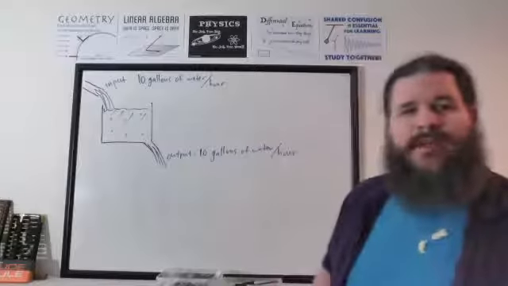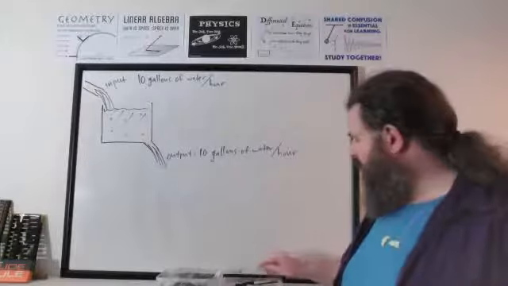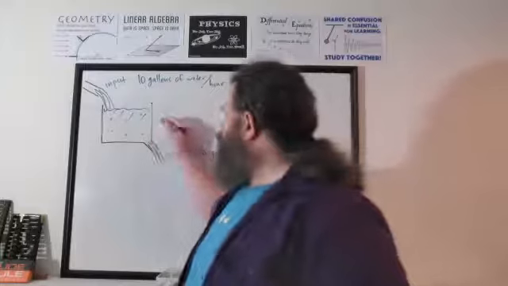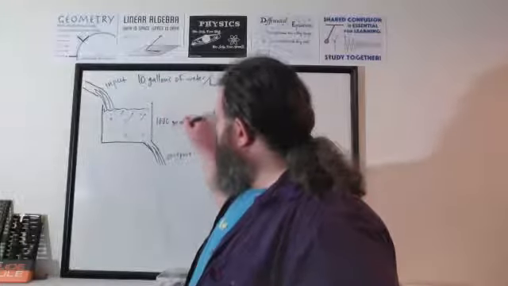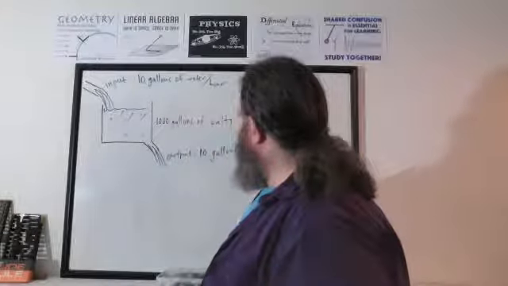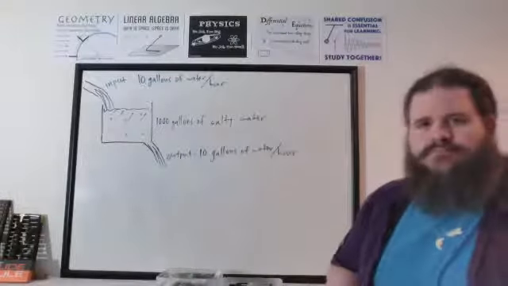So we're not changing the amount of fluid in the tank. And let's say we know that amount of fluid. Let's say the amount of fluid the tank holds is 1,000 gallons of salty water.